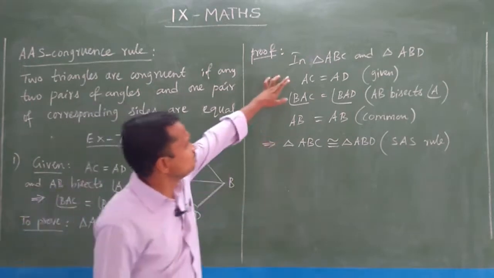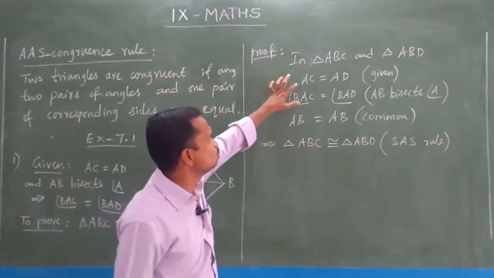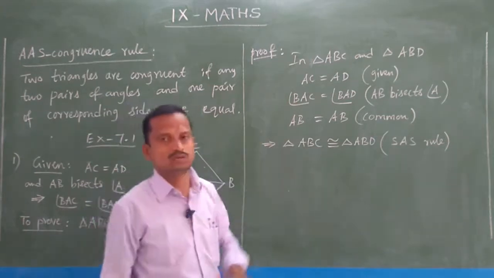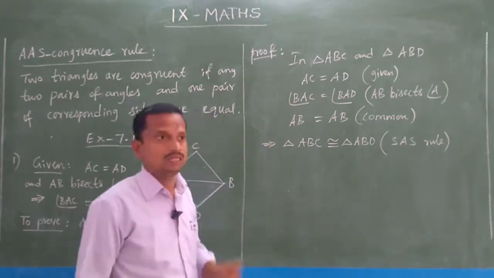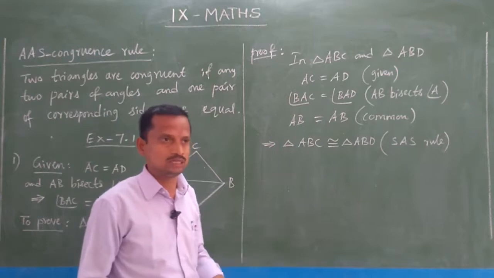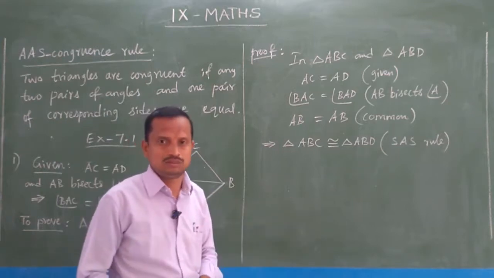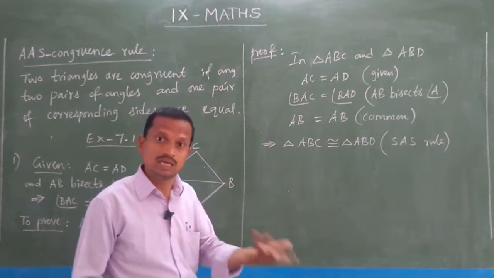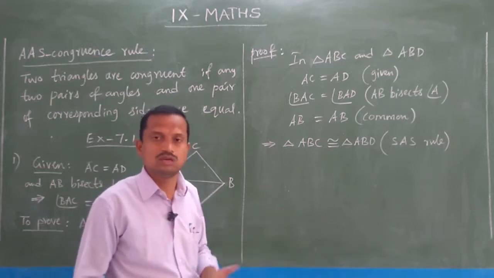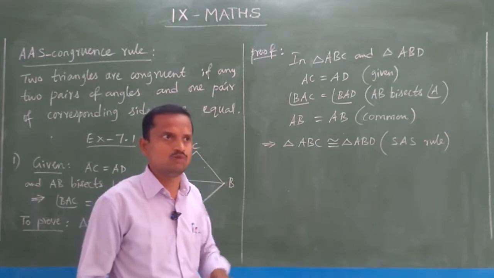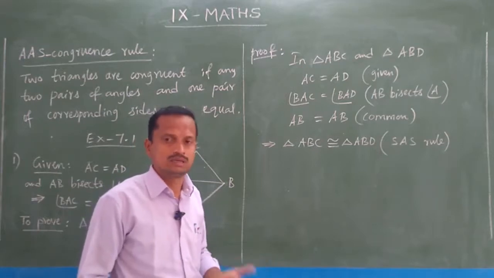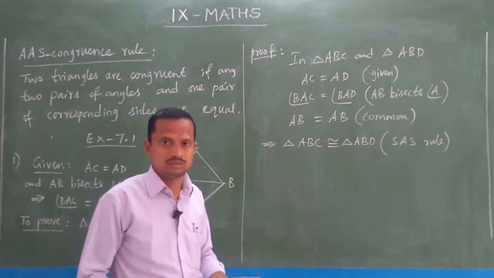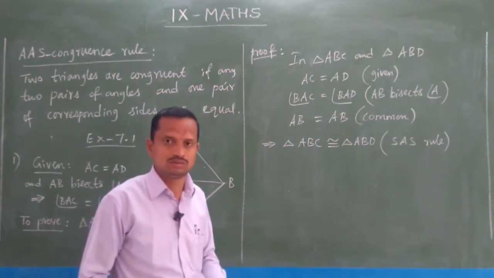With the help of these 3 only, we have proved 2 sides and 1 angle, and the two triangles are congruent by the SAS rule. Therefore, after proving congruence, the other pairs of sides and other pairs of angles are equal because the triangles are congruent. After proving congruence, we can take them as needed.